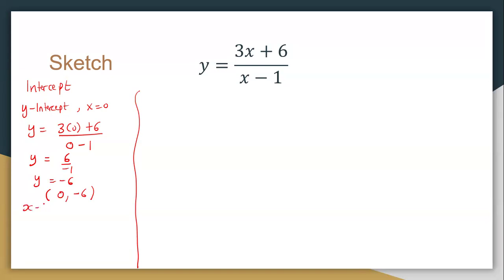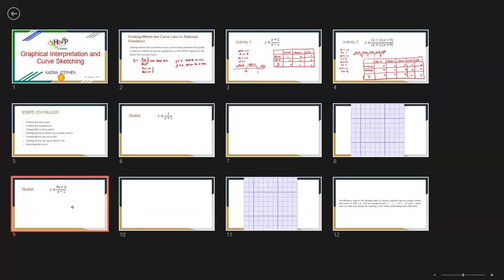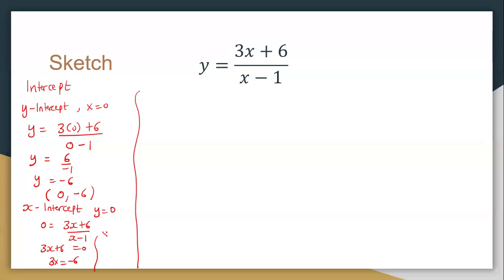And then for the x-intercept, you have y equals 0. So it becomes 0 equals 3x plus 6 over x minus 1. So 3x plus 6 equals 0, then 3x equals negative 6, then x is negative 6 divided by 3, which is negative 2.